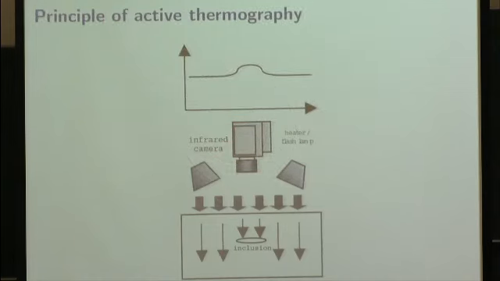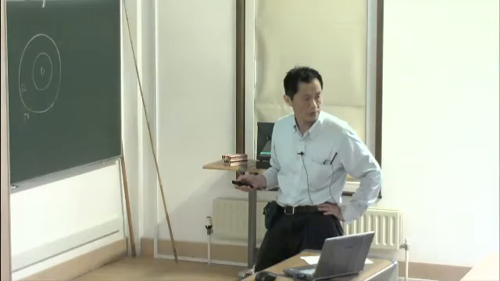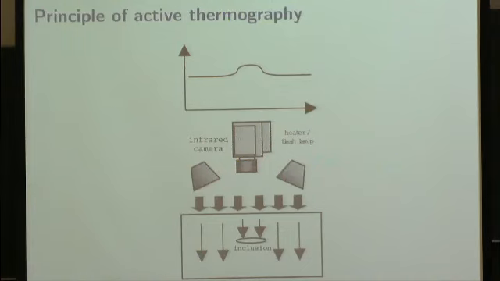So what's the principle of this active thermography? Let me explain using this picture. Suppose you have a heat conductor of this rectangle shape. And also, let's suppose that there is some inclusion inside which is less conductive. And then we inject some heat flux using a heater or a flash lamp, and then measure the temperature distribution on the surface of this rectangular shaped heat conductor by infrared camera.